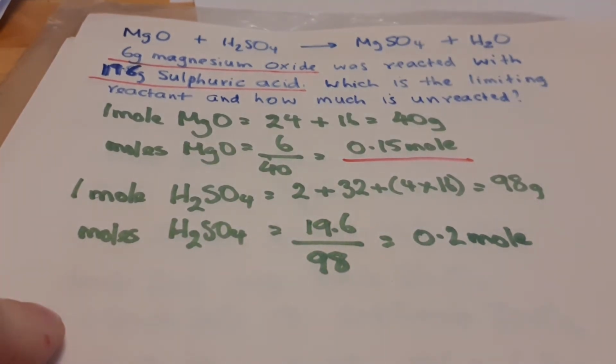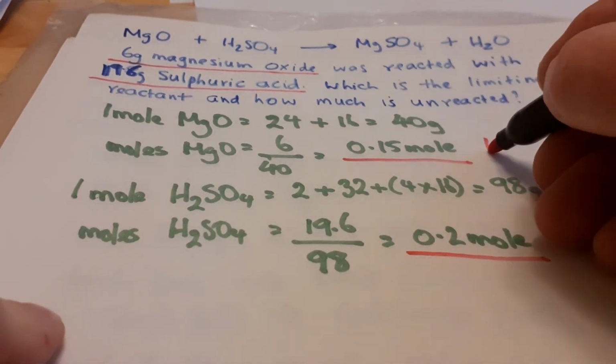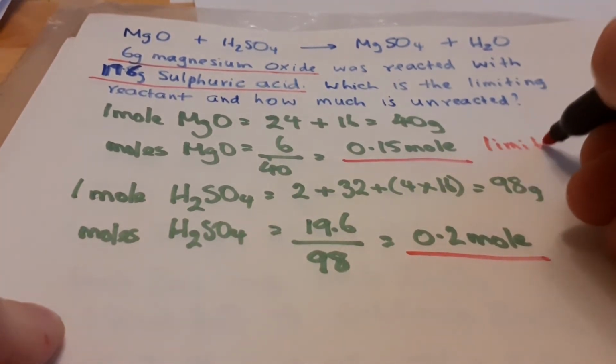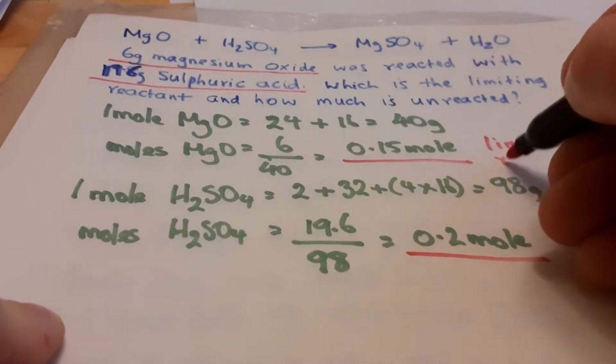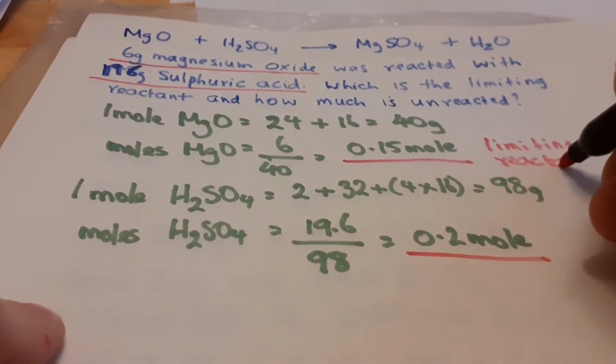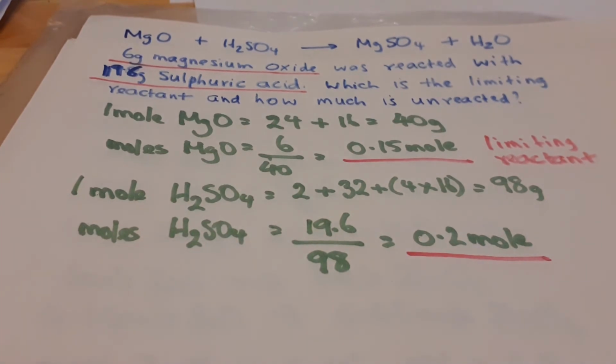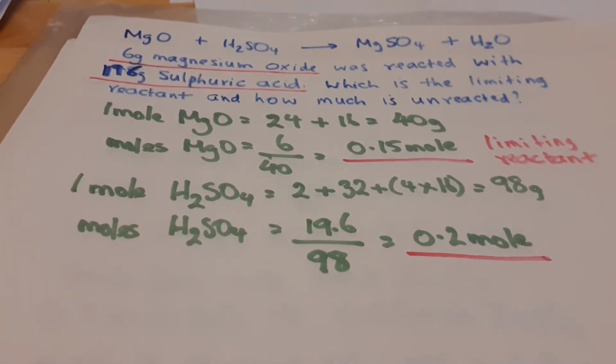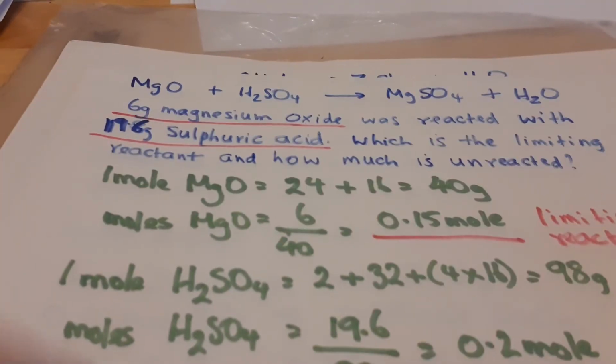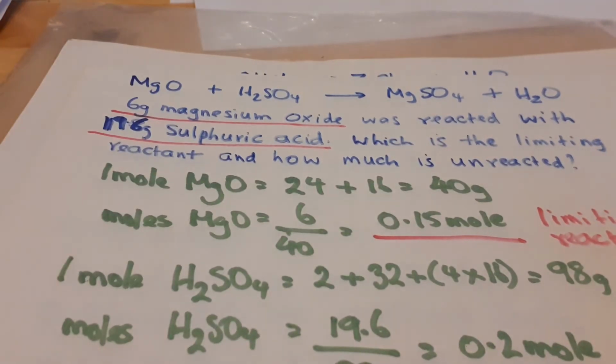Now then, the limiting reactant will be the magnesium oxide. And the reason why it will be the limiting reactant is because we've got the smallest number of moles. So the magnesium oxide will determine what is produced. Now, the equation is a 1:1 ratio.